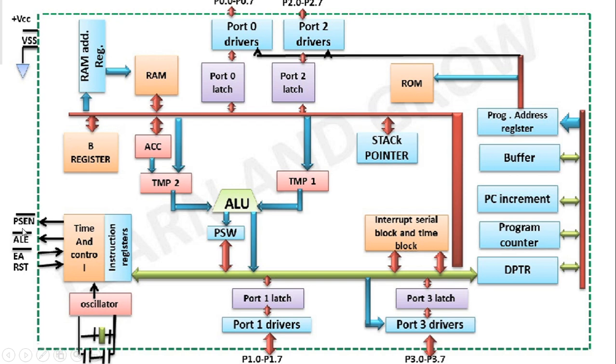Okay, PSEN actually means enabling the external program memory, and external access signal is actually used for enabling external memory interfacing. ALE is indicating whenever the address information is available in our bus through this port 2 and port 0. Okay, RST is actually used for resetting the system.